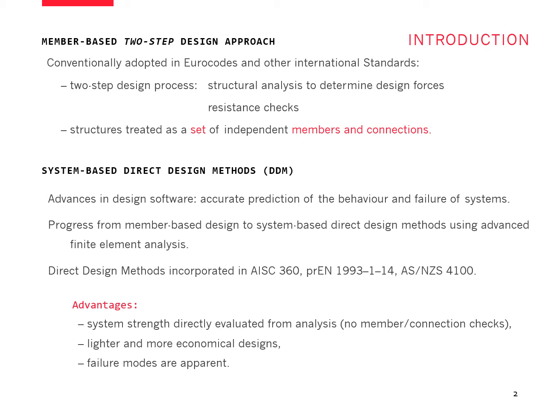A few structural codes already incorporate direct design methods whose advantages are that the system strength can be directly evaluated from the analysis with no further member or connection checks, that lighter and more economical designs can be achieved, and also that we can actually see the failure mode from the analysis.